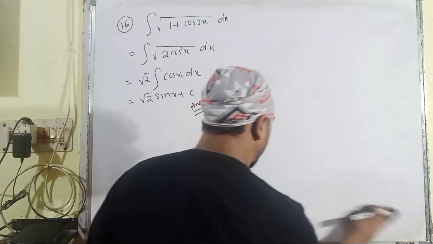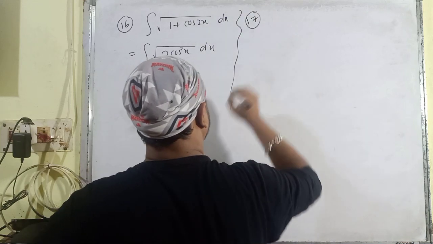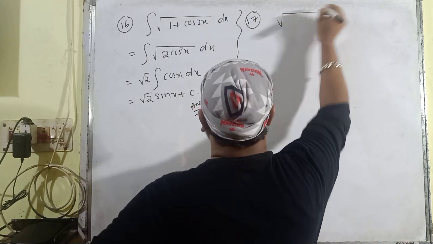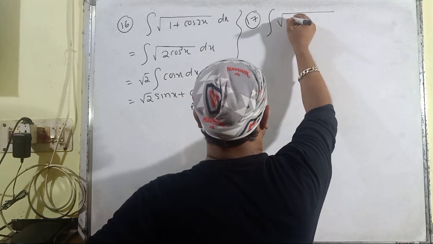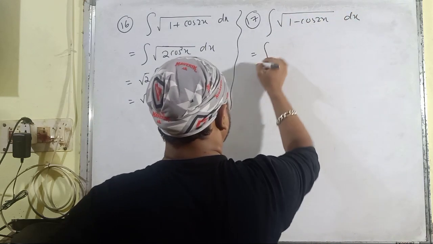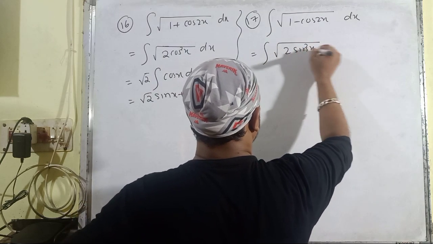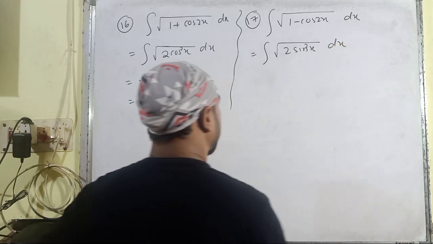Then moving on to problem number 17. Integral of square root of 1 minus cos 2x dx. Then it will be integral of square root of 2 sin square x dx.